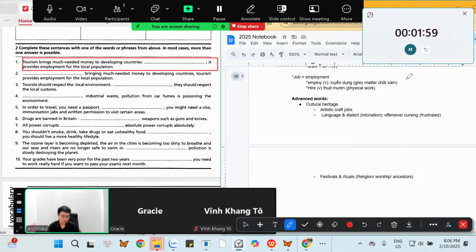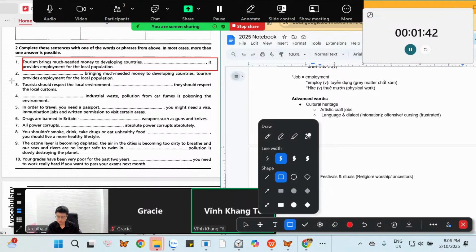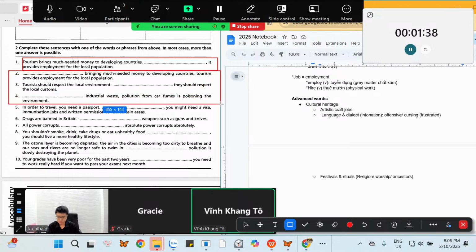Let's go, Bill. Show me your thoughts. So, by promoting and preserving cultural heritage, tourism brings much money to develop the country, because visitors pay to explore historical sites, museums, and cultural landmarks, and traditional festivals such as religious celebrations or dance performances.